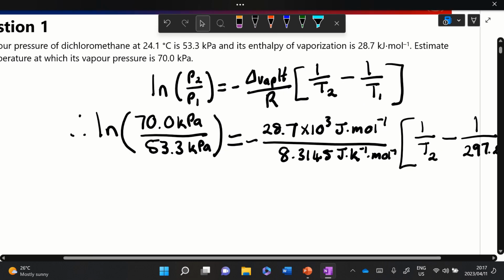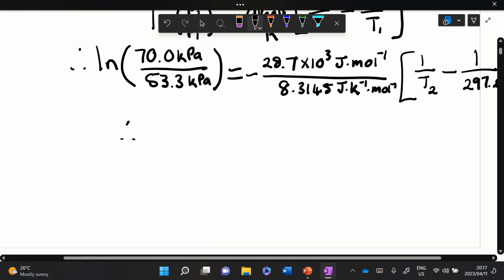Okay. And then we can calculate these values on their own. So this is 0.27256 and so on. This is minus 3451.8 and so on.